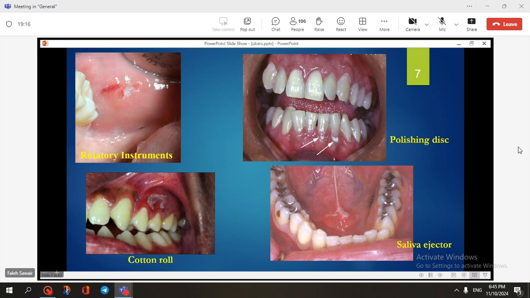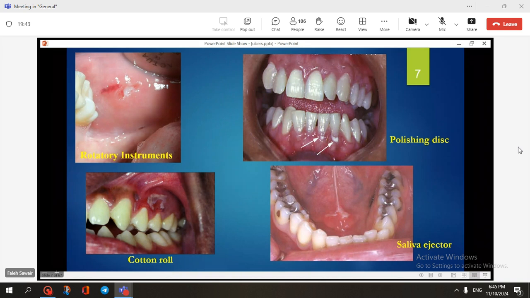So you have to be careful during removal of the cotton rolls after finishing restorations. Some patients who are having dryness because of stress, fear of the situation, will develop ulceration. So you have to do wetting, put water on the cotton roll and then remove it.